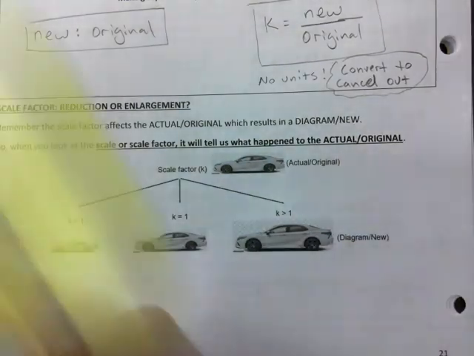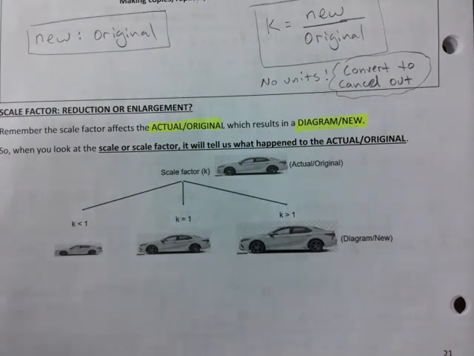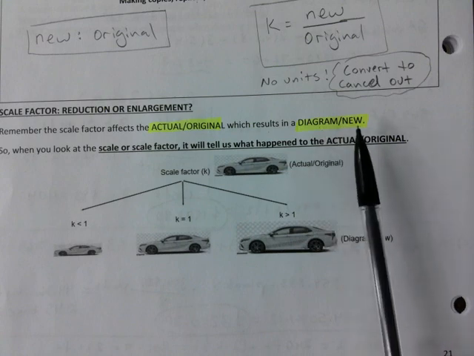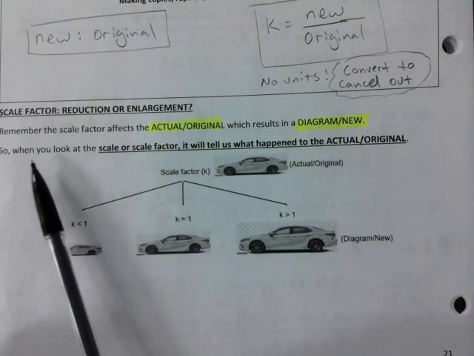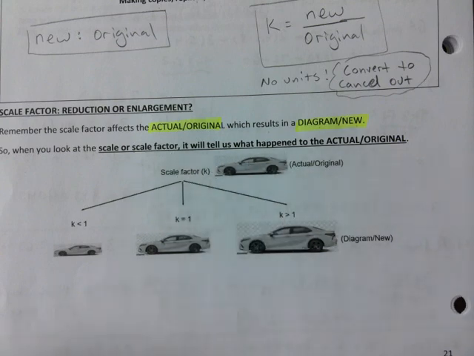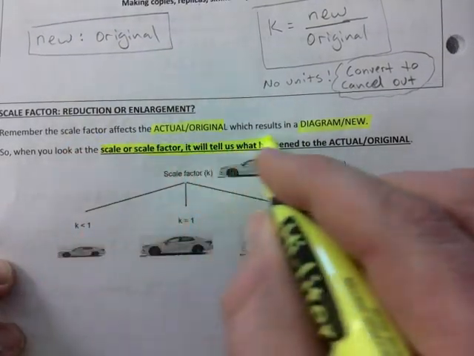So we're going from actual original to the diagram or the new. I equate actual with original and I equate diagram with the new. So when you look at the scale or scale factor, it will tell us what happened to the actual or the original. Let's highlight that too.